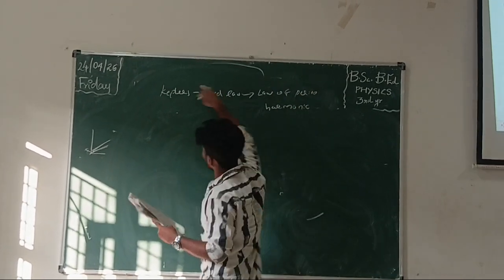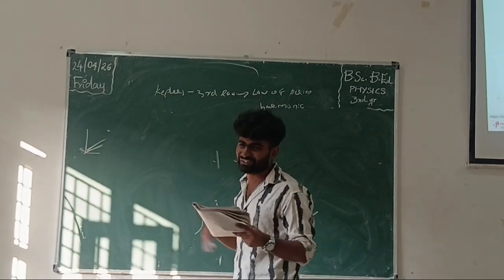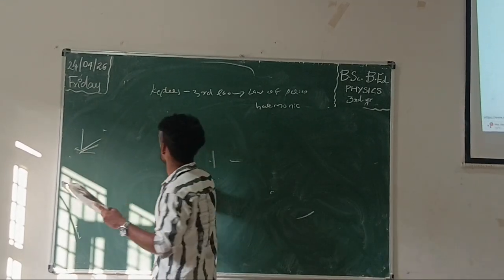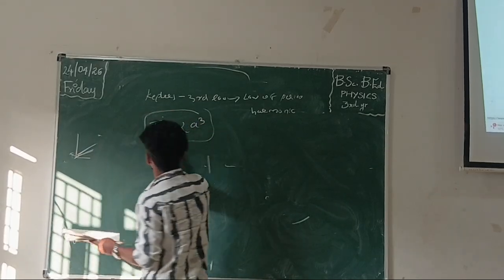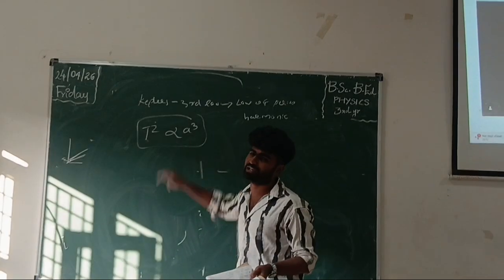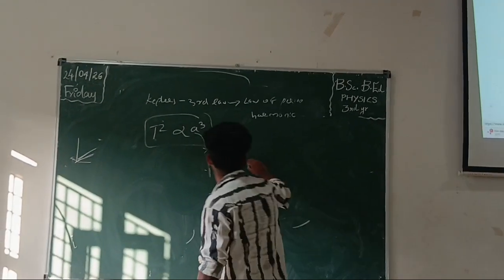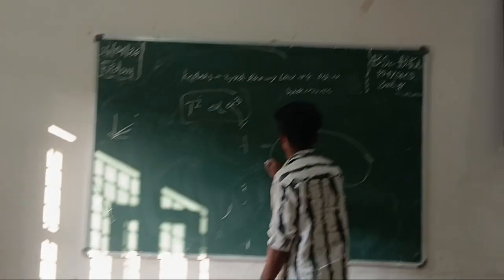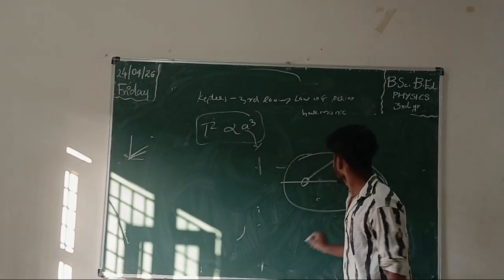This is the law where, in an 8th standard question, they ask what is Kepler's law. The equation was T square directly proportional to a cube. That is, the square of the time period is proportional to a cube. a is the semi major axis. We know what an ellipse is.